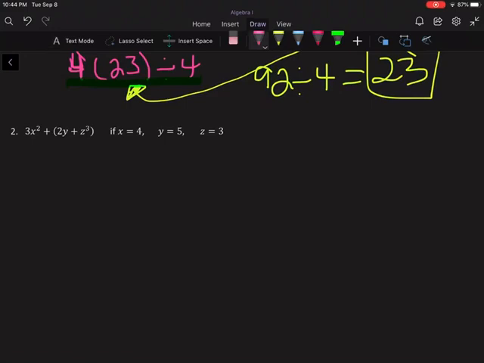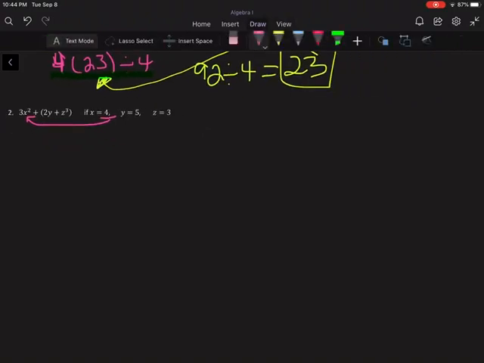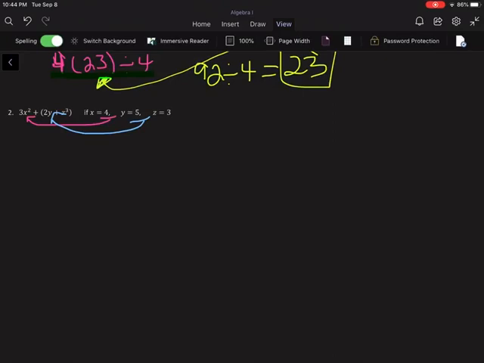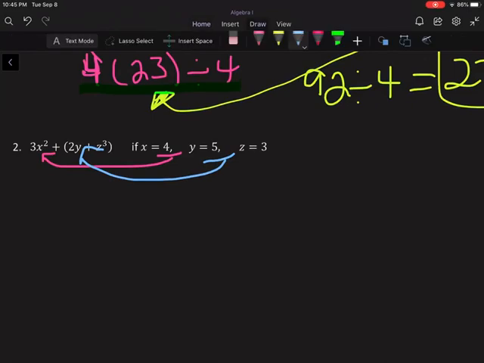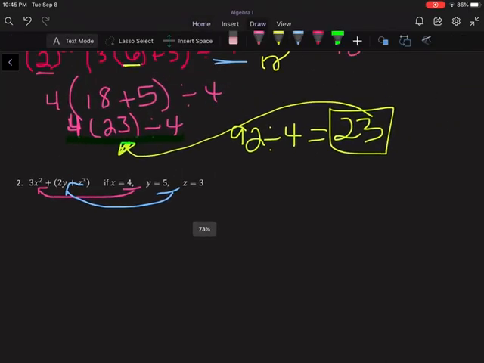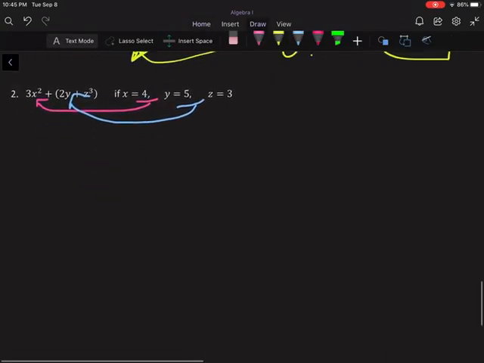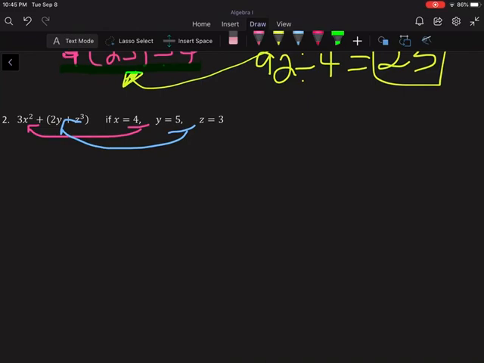Something a little bit more complicated here. Again, I have this 4 that needs to go into the X. I have this 5 that needs to go into the Y. Looks like I'm finding new things out when I use this.